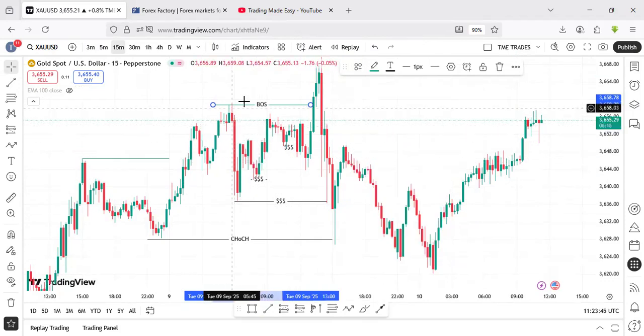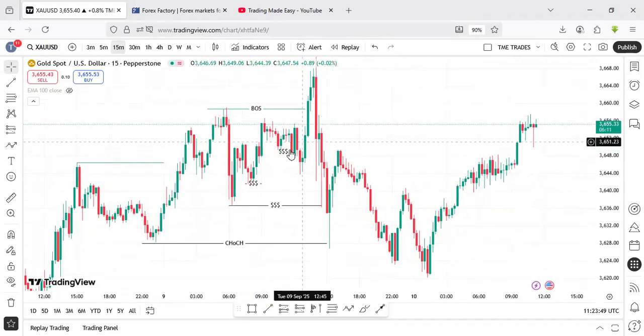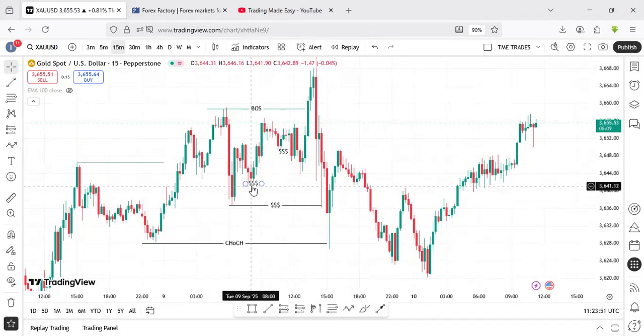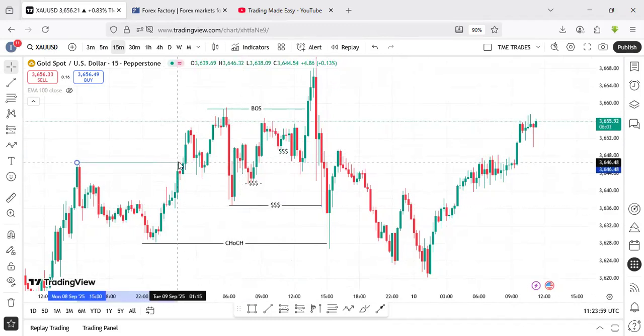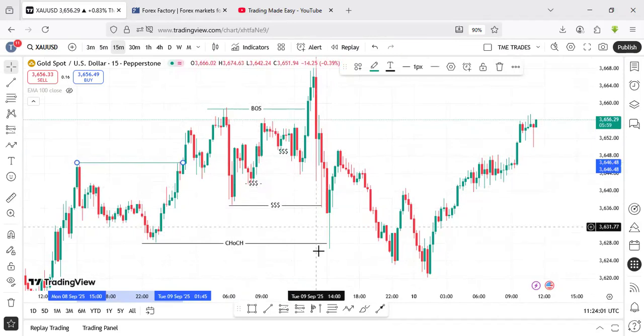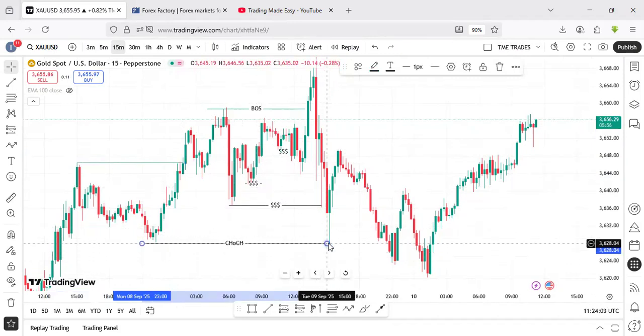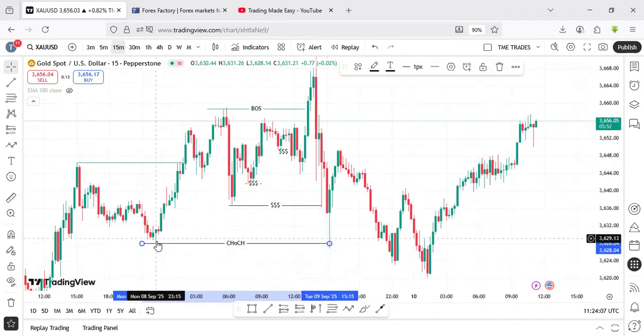This market came down, swept this liquidity, swept this liquidity, swept this last low, which in some situations could also be used as internal liquidity, and went below this last all-time very strong low in this trend. So what do we have now? We have a change of character.